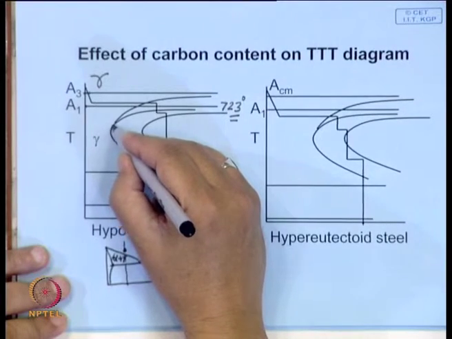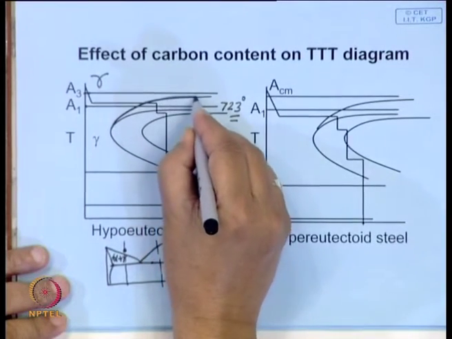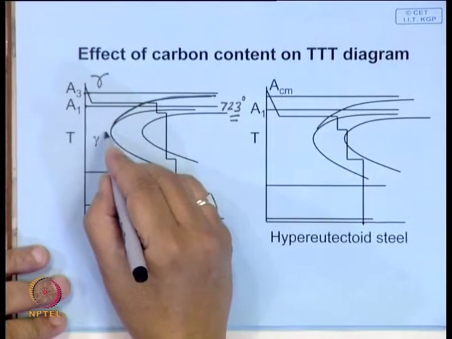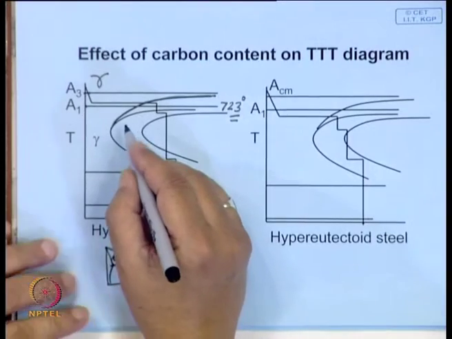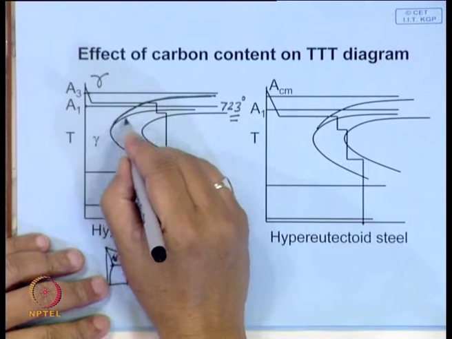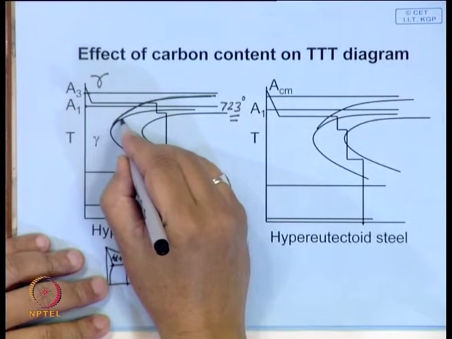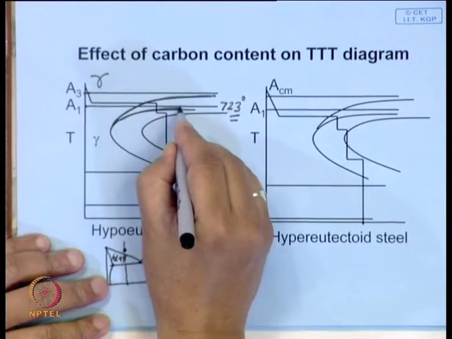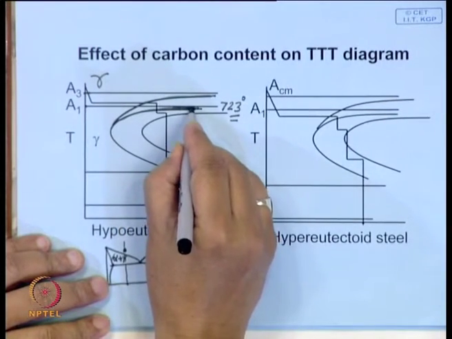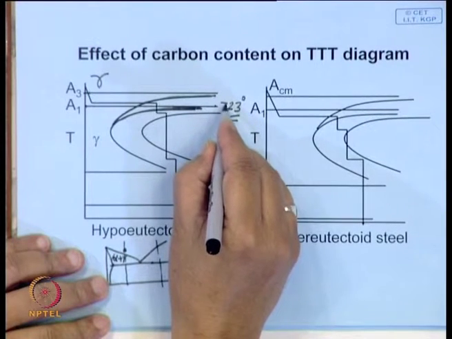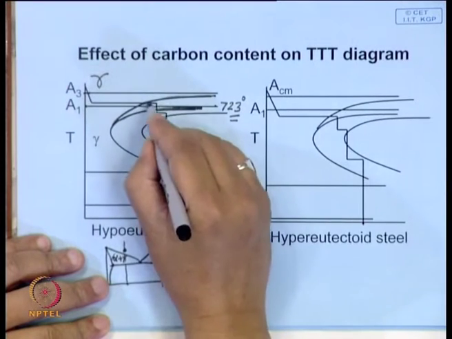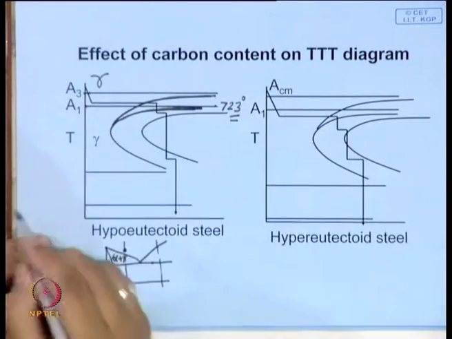So, you will get another line which represents the start of ferrite transformation. Similarly, there is a line for completion of the ferrite transformation, which is actually the start of the pearlite transformation once the ferrite is complete. But this cannot start unless the temperature goes below 723, so this becomes an asymptote over here.